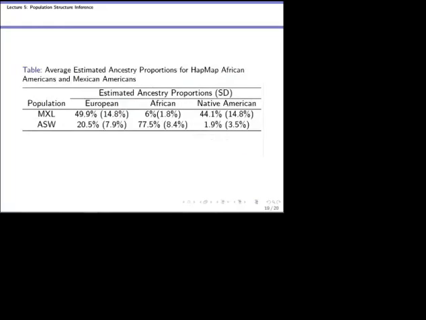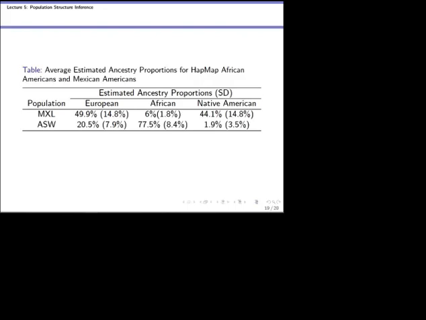So here are the estimated ancestry proportions. Okay, so around 49% European and 44% Native American for Mexicans. Small African ancestry in the Mexicans, but not negligible. And for the ASW, that's about what you expect, about 78% African and about 20% European and very little Native American ancestry.